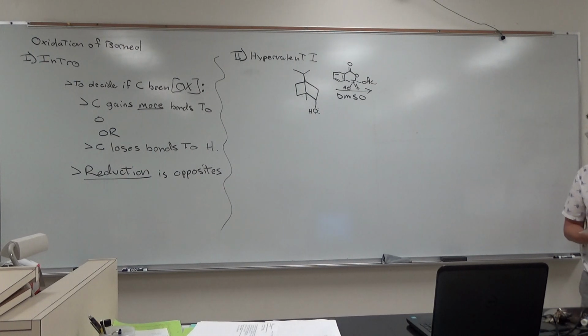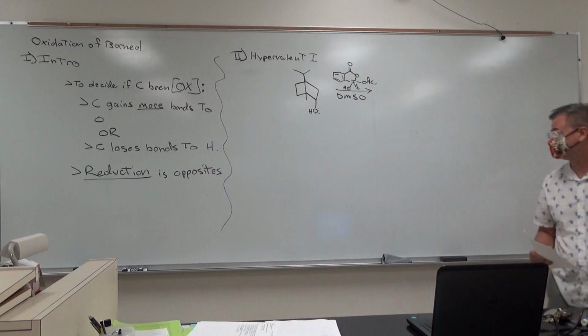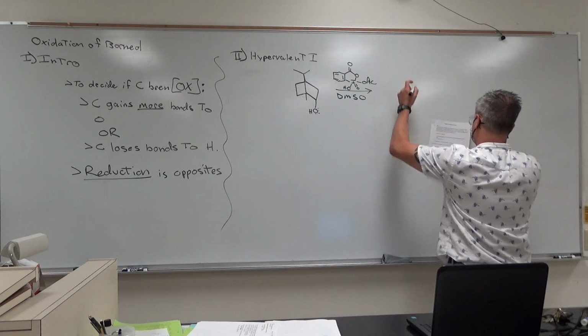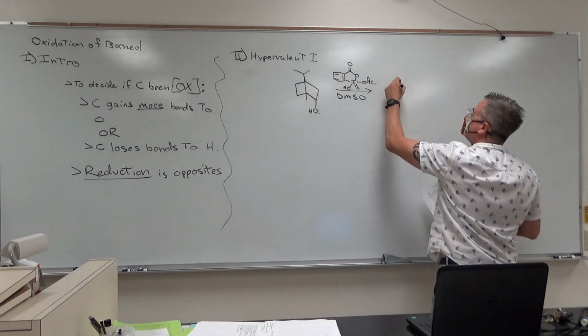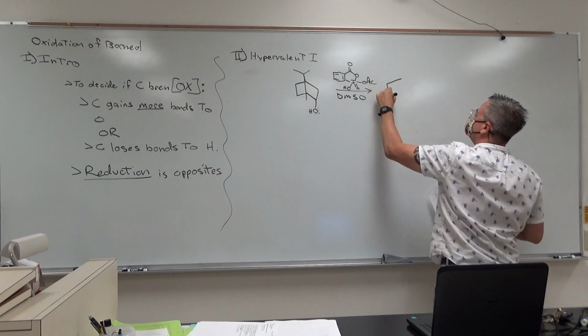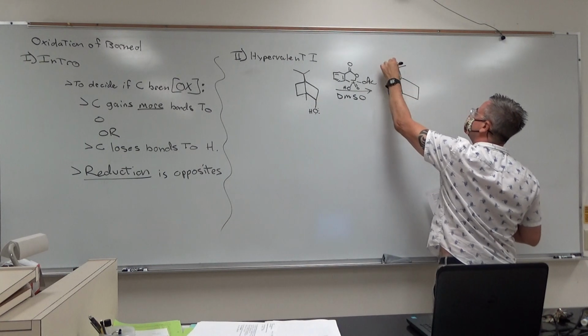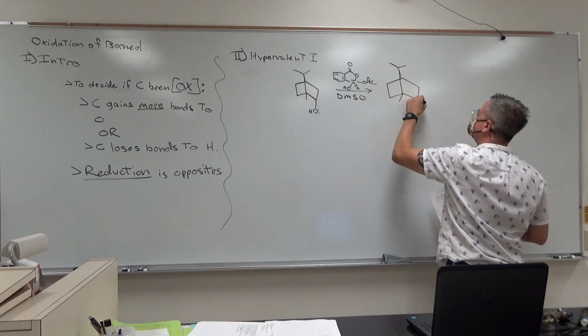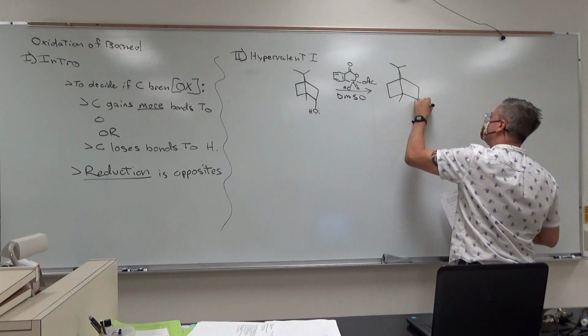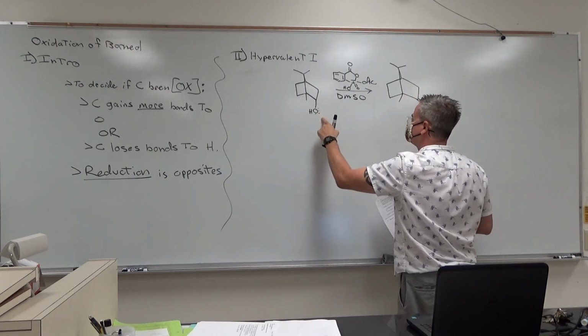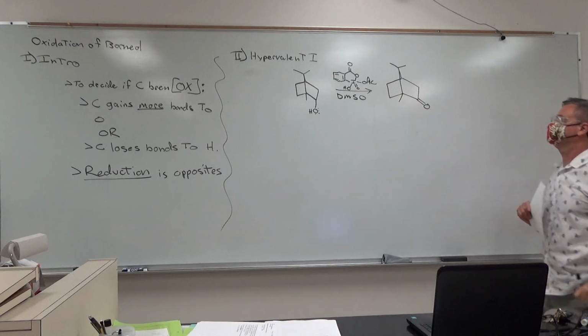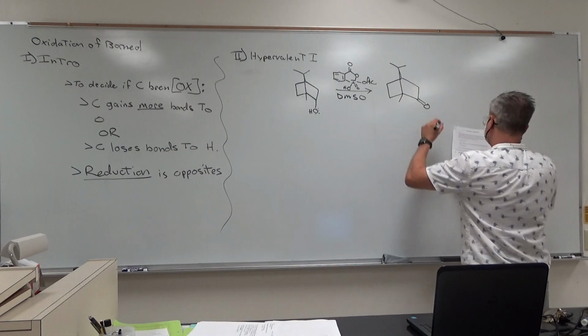That iodide you can think of as being very depleted of electron density. Okay, so in essence, it is quite oxidized. Okay? Our product is camphor. Whether the oxygen's up here or the oxygen's down there, it doesn't matter in the product. It gets oxidized to that.